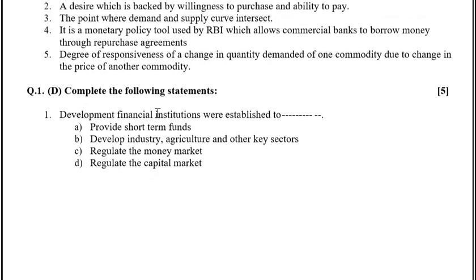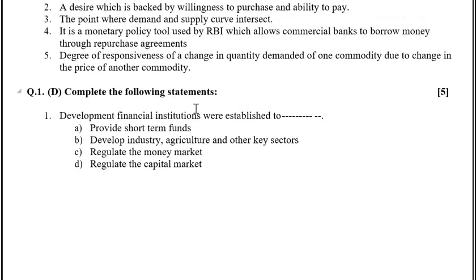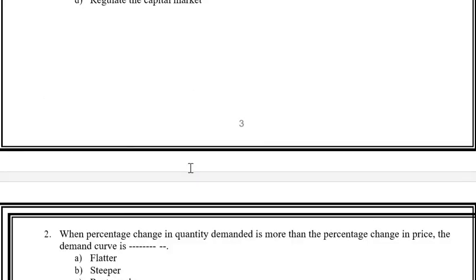Let's go to question number 1D, that is complete the statement. Again, you will be having options, students. You have to complete the entire statement. Development financial institutions were established to dash: A, provide short-term funds; B, develop industry, agriculture and other key sectors; C, regulate the money market; D, regulate the capital market.